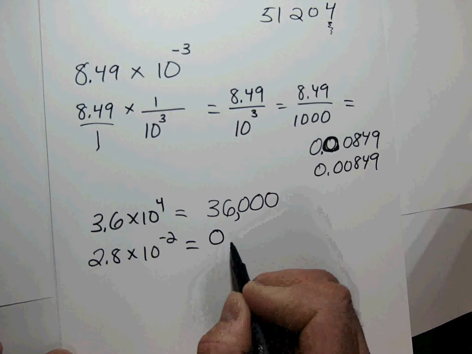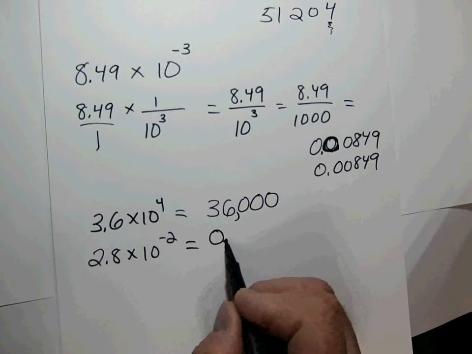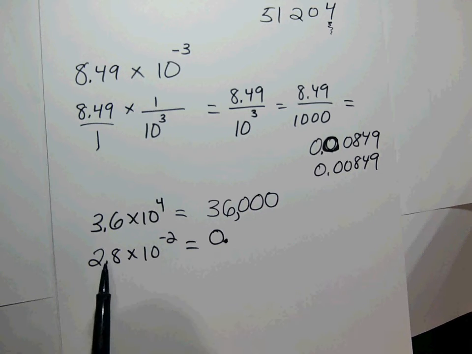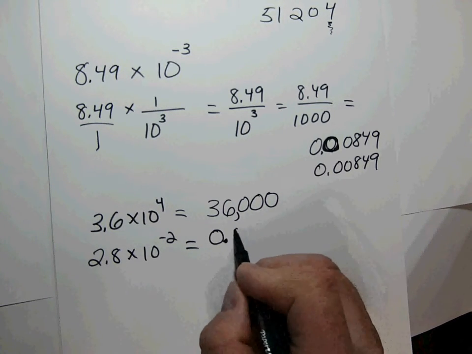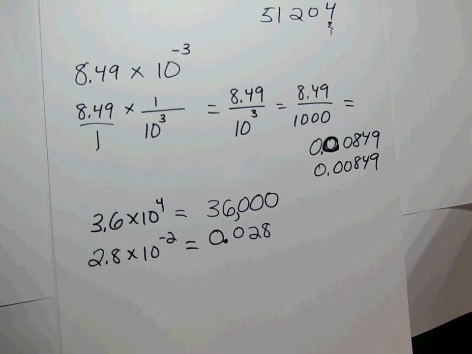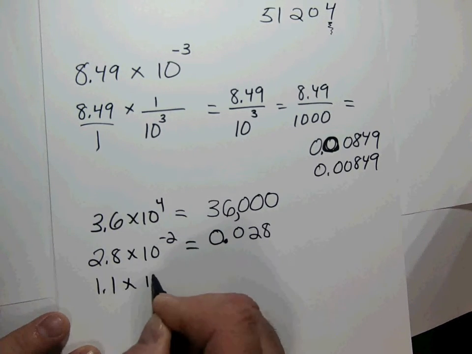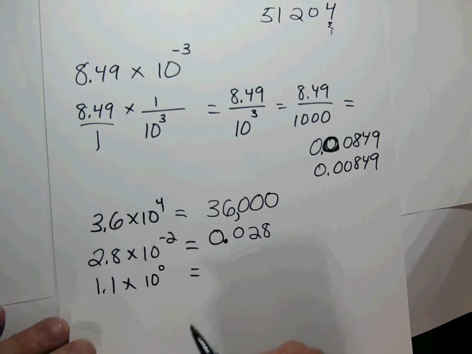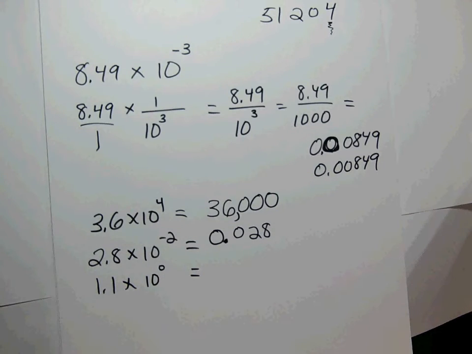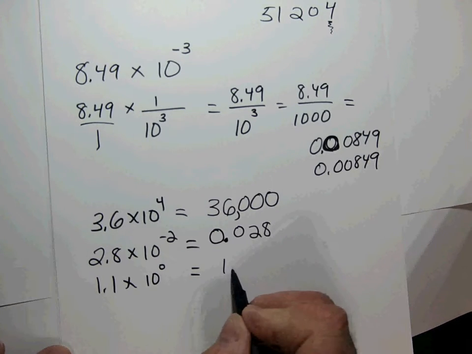Now this leading 0 never counts as any of those positions, but I really like to have a leading 0, then my decimal point, then a 2.8. So it's 0.028. Part C, 1.1 times 10 to the 0 power. Again, a little odd to have 10 to the 0 power, but it is the notation. It works. 10 to the 0 is just a 1, so it's 1.1 times 1, so it's 1.1.